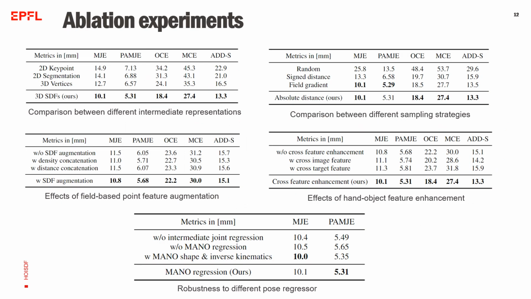Furthermore, we did extensive ablation studies to verify the effectiveness of the SDF intermediate representation, as well as all the components in our field-guided pose regression module. Check out the paper to learn more.